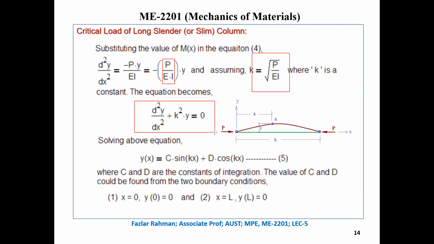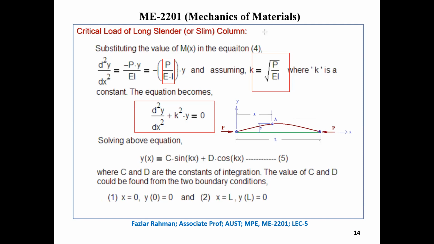This is a second order differential equation, so if you solve it, there will be two constants, C1 and C2. You learned mathematics in first and second year, and you might not know why we are studying mathematics. So here is the application. But this is not a math class, right?